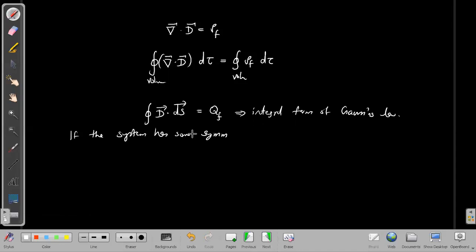Here also, the point charges produce a spherical symmetry electric field, and line charges produce a cylindrical symmetry. So if the system has some symmetry, then D can be found using the above equation.